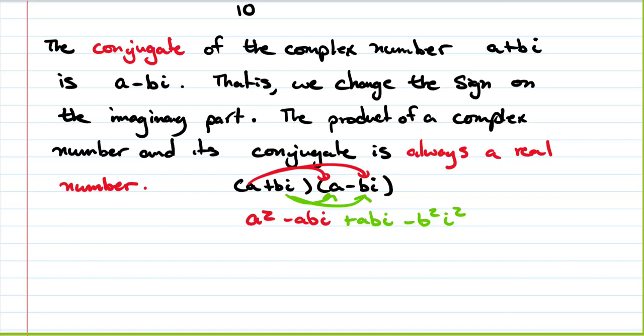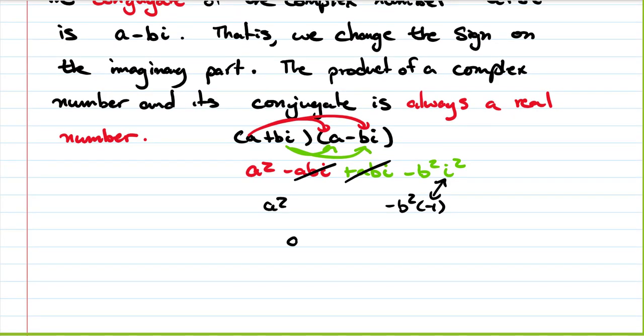And we notice that we have a negative abi and a positive abi, so they're equal but opposite, and they're going to add up to 0 or cancel out. And our i squared is the same as negative 1. So we end up with a squared minus b squared times negative 1, which is just a squared plus b squared.